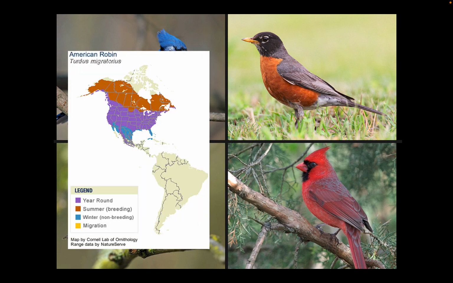The American robin has an even more substantial range, shown here with its breeding range in red and purple. And you can see that it breeds as far as the Arctic Circle, across the entire continent, and then all the way down into Mexico. And so to drive a species like this extinct would require a lot of damage to the habitat throughout that range.